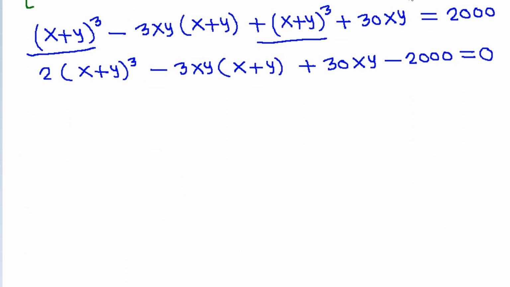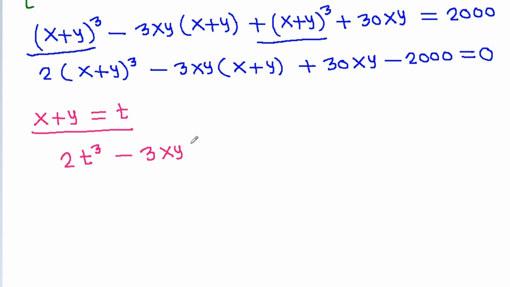Now if we take x plus y is equal to t, then it will be 2t cube minus 3xy t plus 30xy minus 2000 is equal to 0.